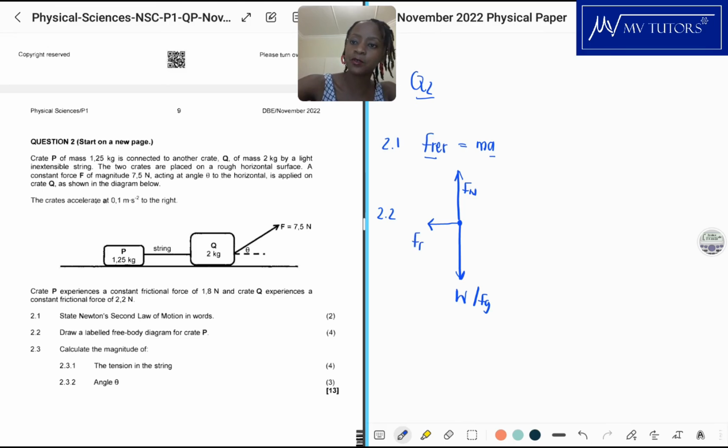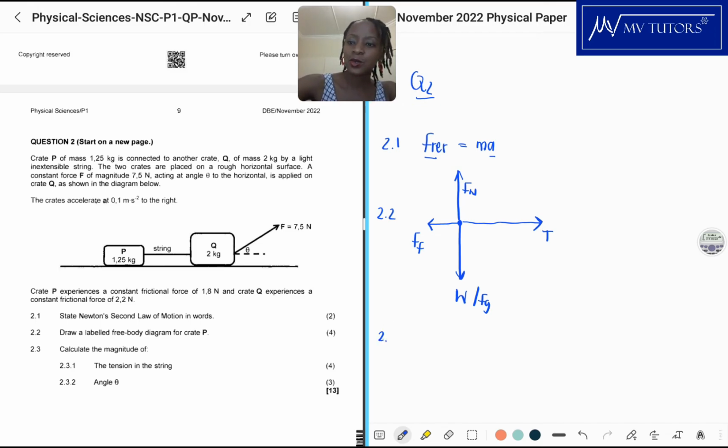So you have your friction force, and then you have the tension force coming from the string, and it's going to be slightly bigger because it's moving to the right along with Q. So we will have tension, and that is it. That's our free body diagram.